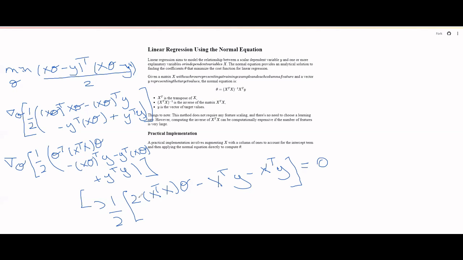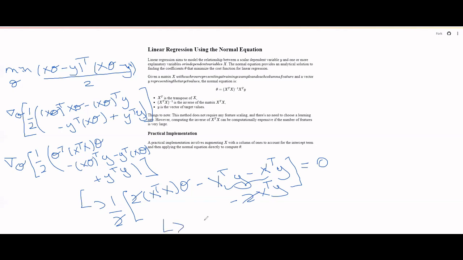Now, you're going to figure out something very funny. So these two things can be grouped together, and they're going to be equal to 2 x transpose y. And so we have a 2 here, we have a 2 here, and we have a 2 divided. So these twos just cancel each other out.